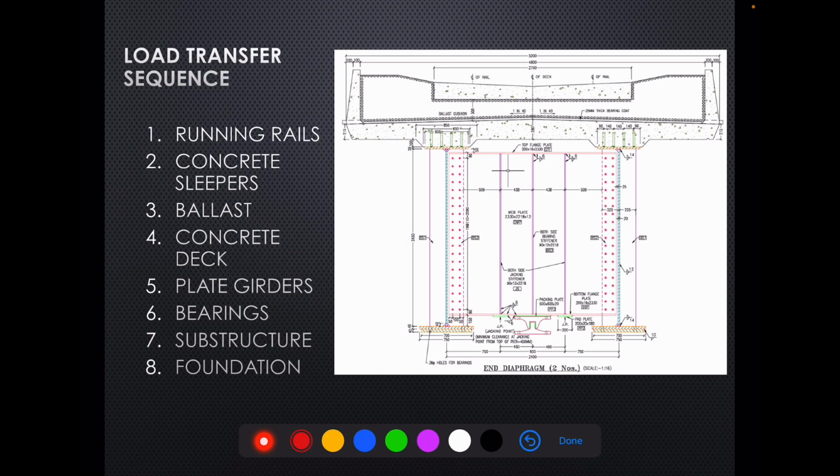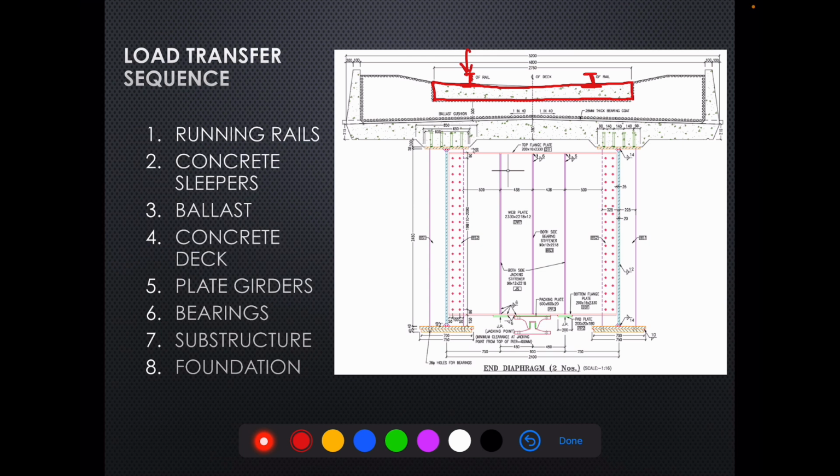As you can see here, this is the center line of rail. This is basically our PSC sleeper over which rail comes. Rail sits over these sleepers like this.